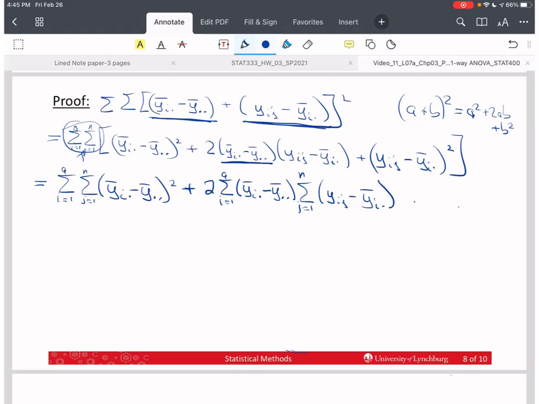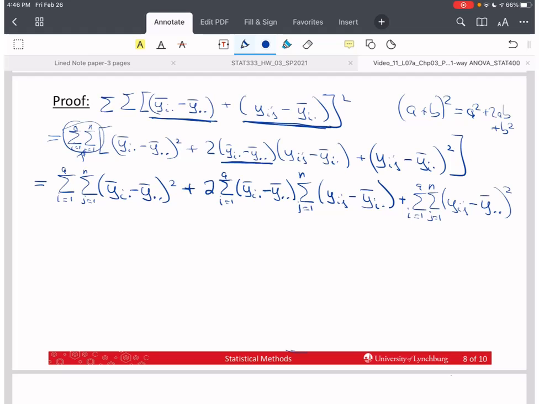Okay. Plus, a little messy left there, plus the double sum yij minus y dot bar squared, I equals 1 to a, j equals 1 to n.